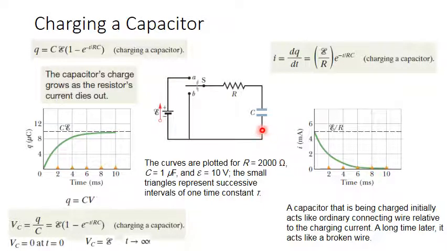So as the time increases, this short circuit or connected wire comes to be an open wire or open circuit. So there is no current at time equals infinity. Hopefully it is clear. Okay.